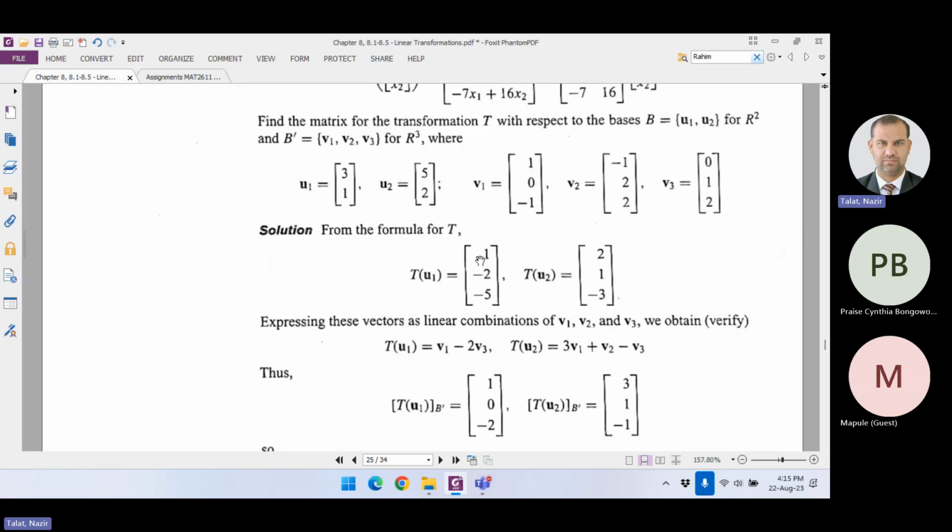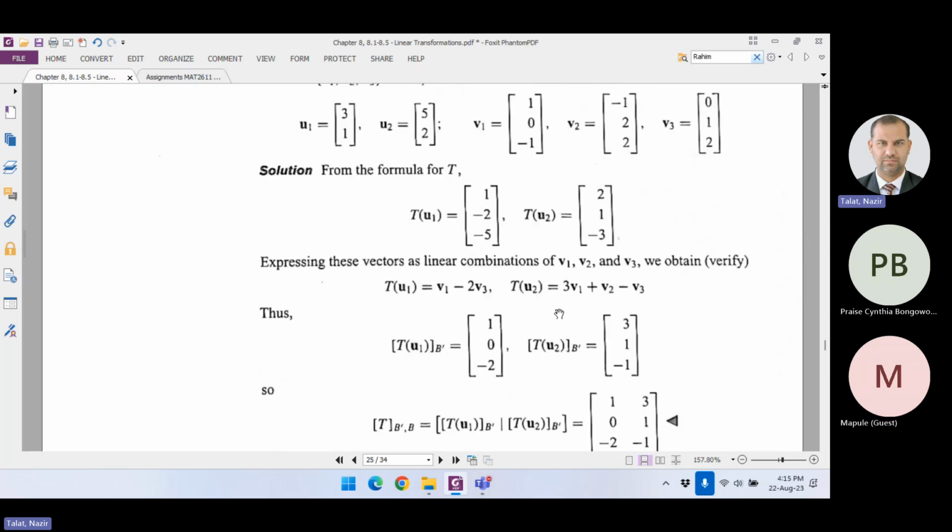If you write this vector as a linear combination of v1, v2, and v3, then this expression will give us that form. Here, when we make a linear combination of that form, we can write (1, -2, -5) as a column vector and express it as k1 v1 plus k2 v2 plus k3 v3.